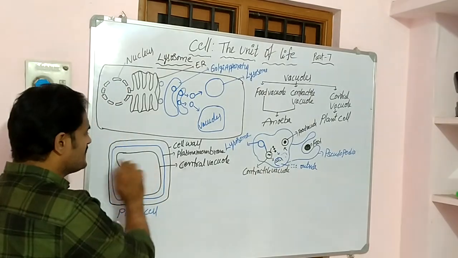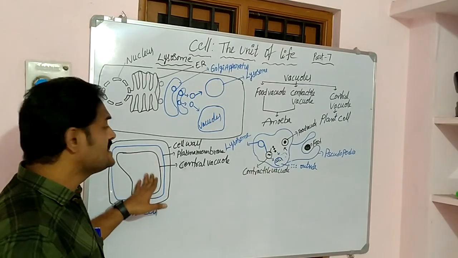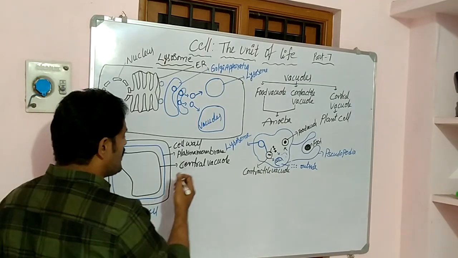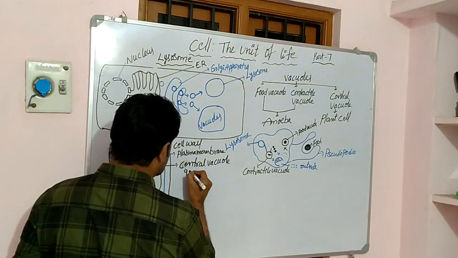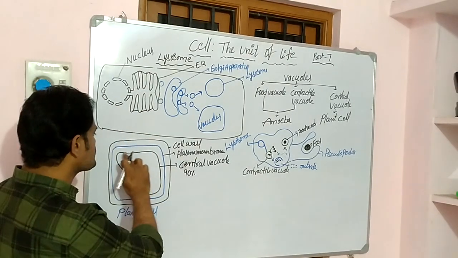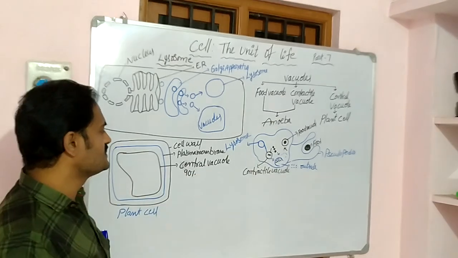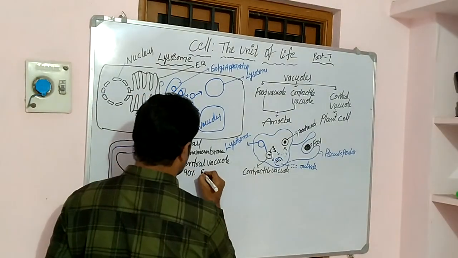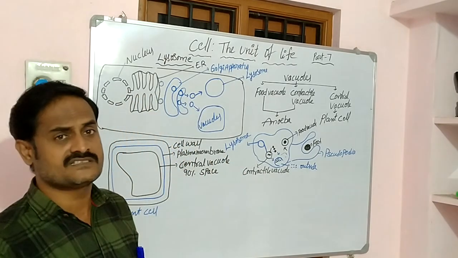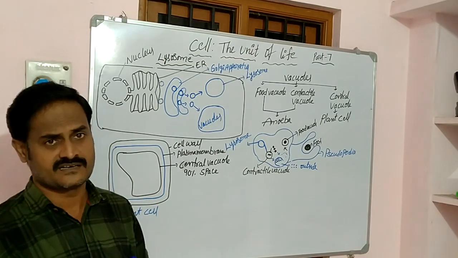The central vacuole present in the plant cell is the biggest cell organelle in the plant cell. It occupies nearly 90% of the space of the plant cell. How much space? Nearly 90% of the space is occupied by the central vacuole. Remember that.